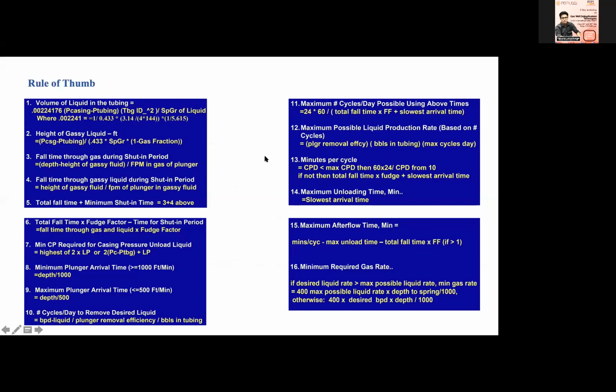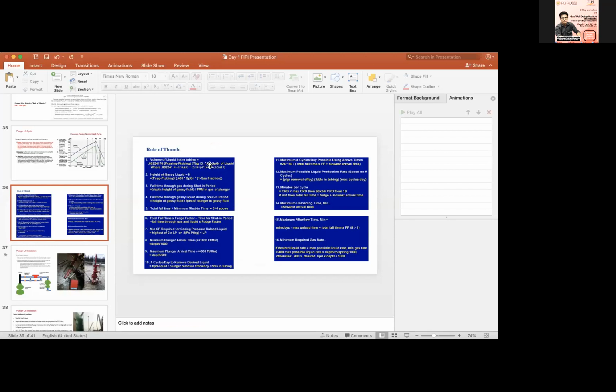the Excel sheet. So based on this rule of thumb, there is a spreadsheet for the plunger lift design. You need to have only the casing ID, tubing ID, the casing pressure, the pressure to lift your plunger, the line pressure, gas gravity, and all these things.